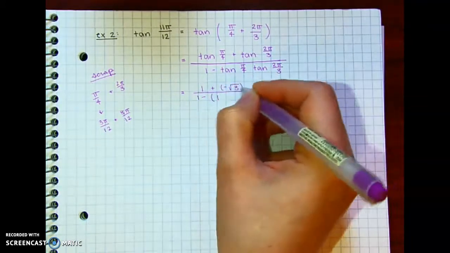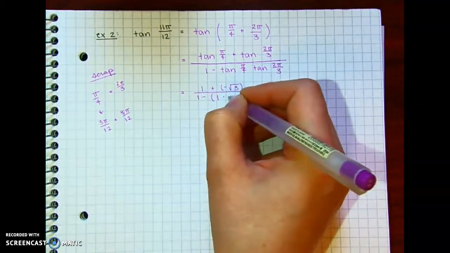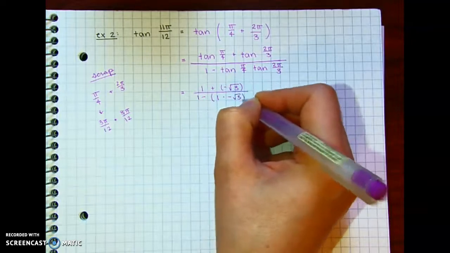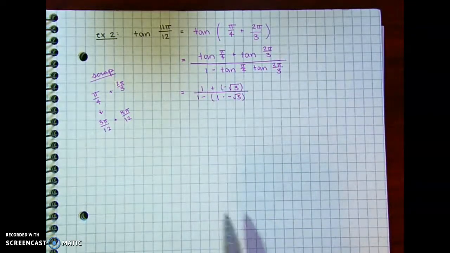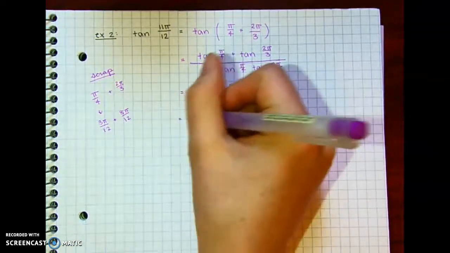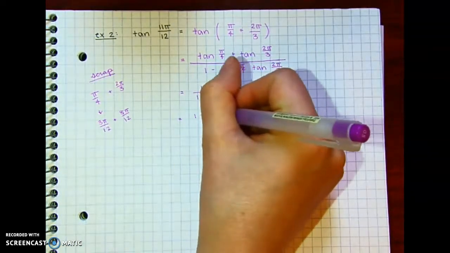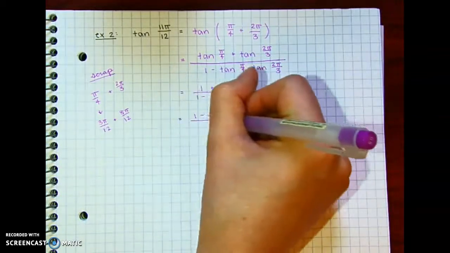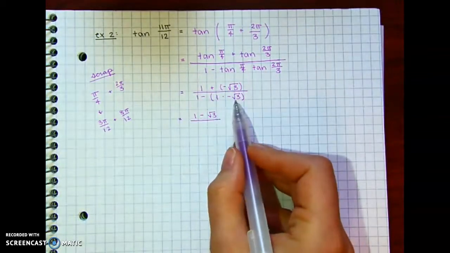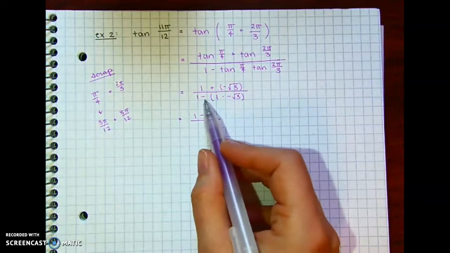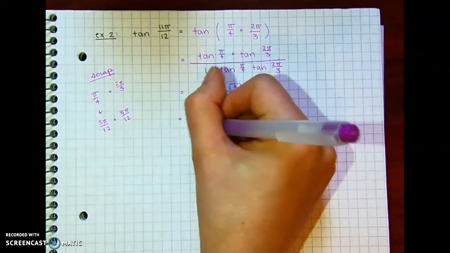I've put this in parentheses because we're multiplying by a negative. Okay. So now I'm just going to continue simplifying. So this is going to equal 1 minus the square root of 3 divided by, and then 1 times negative root 3 is negative root 3. And we'll distribute that negative 1, so this becomes 1 plus root 3.